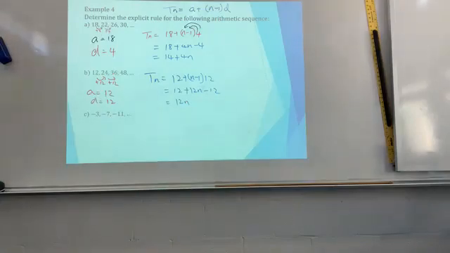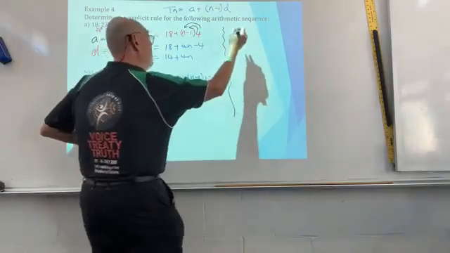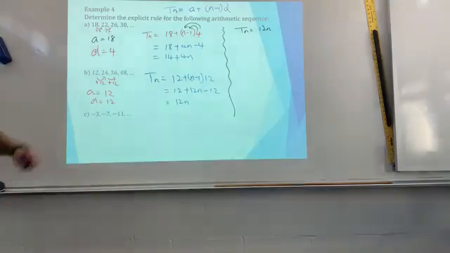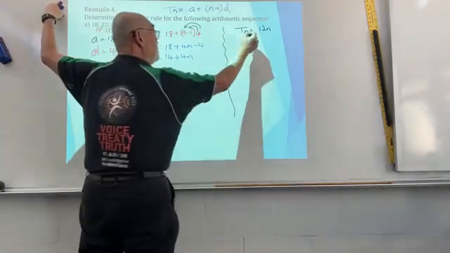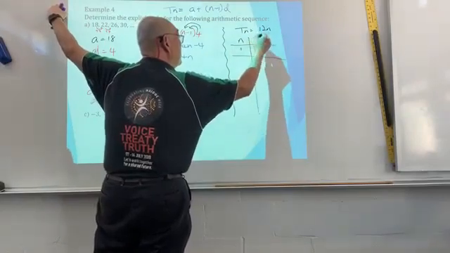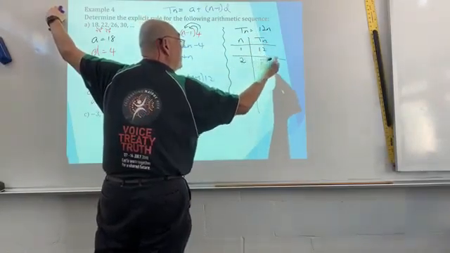Now, just to prove my point, I'm going to use Tn equals 12n as an example. If n is 1, Tn is 12. If n is 2, Tn is 24.